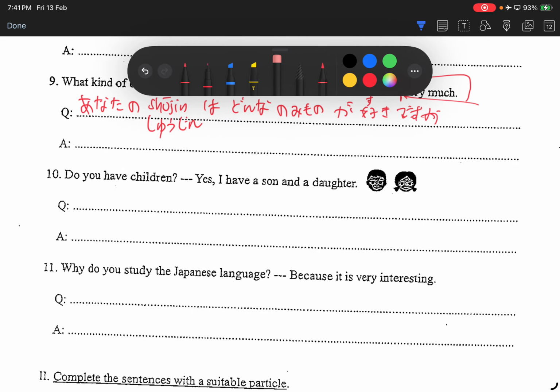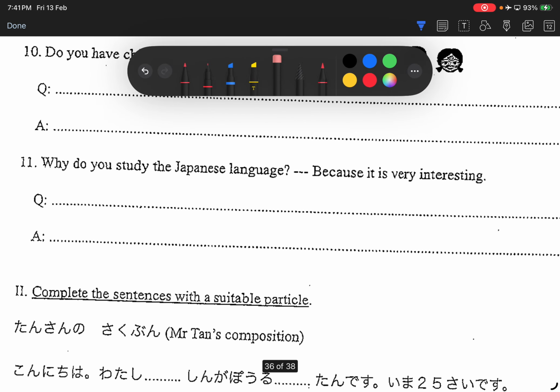Moving on. Why do you study the Japanese language? どうして日本語を勉強しますか？ Because it is very interesting. 面白いです。There's a because here, so we need to squeeze in kara somewhere.